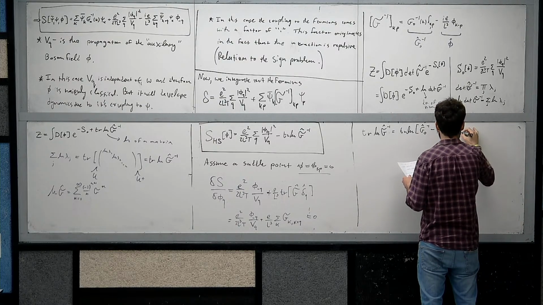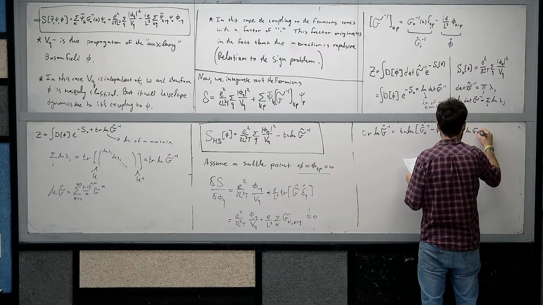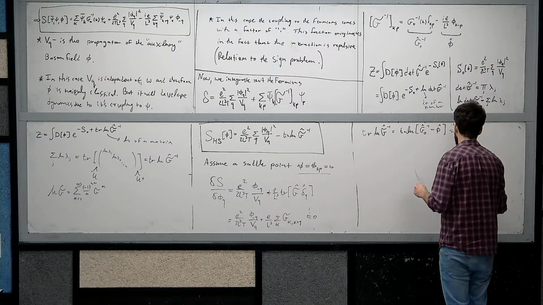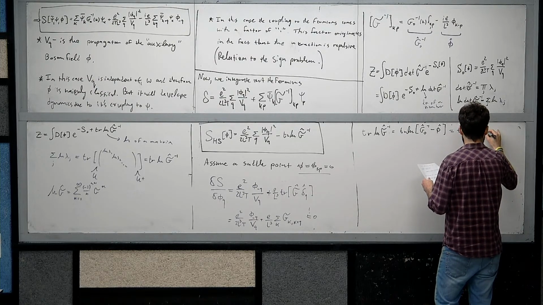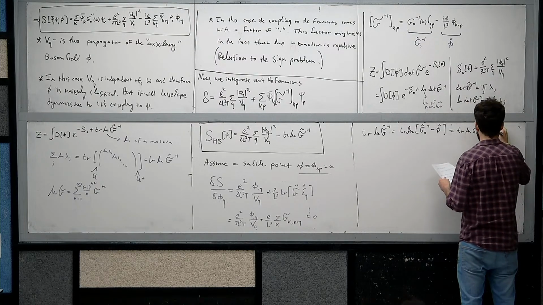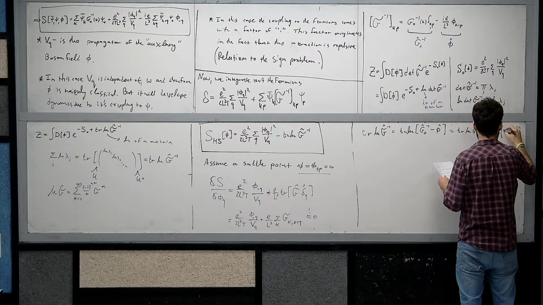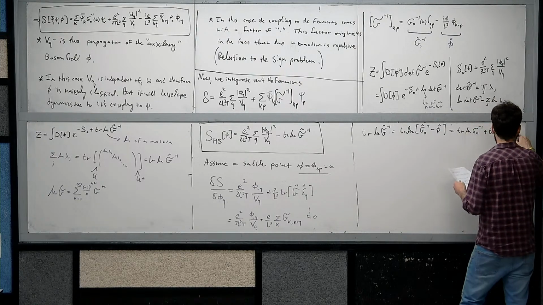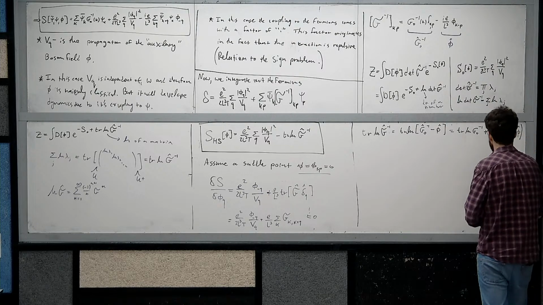And this thing is trace ln of g naught to the minus 1 plus trace ln of identity minus g naught phi.